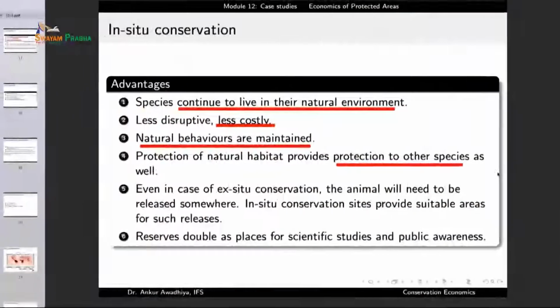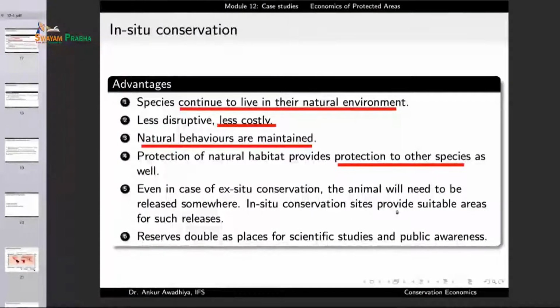In that case, where would you release these organisms? So, in situ conservation is also important together with ex situ conservation because it keeps certain portions of the habitats of these organisms intact so that you can release them there later on. So, these provide suitable areas for such releases. And they also double as places for scientific studies and public awareness and things such as tourism.